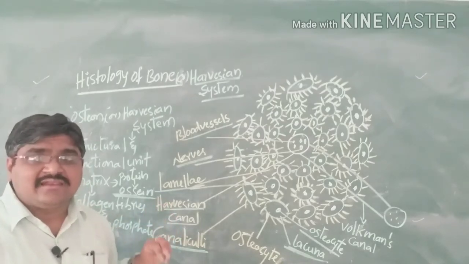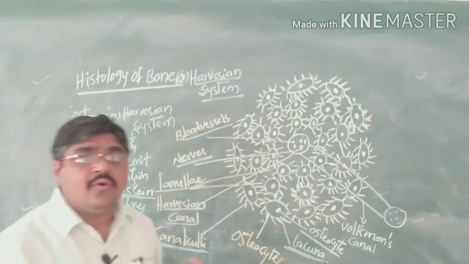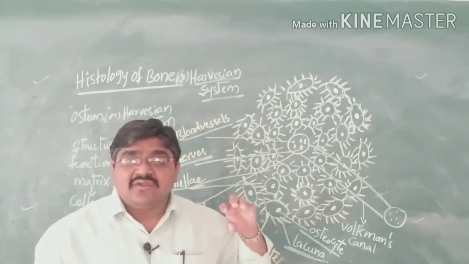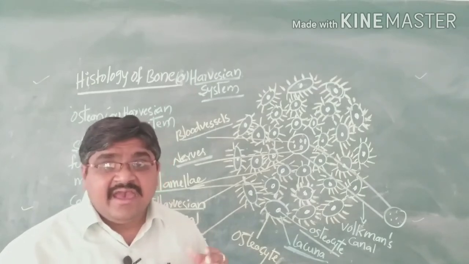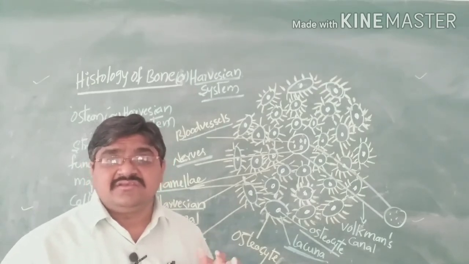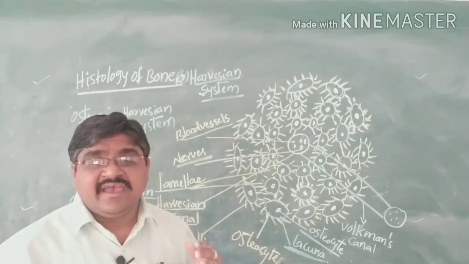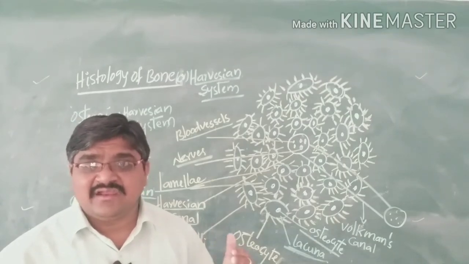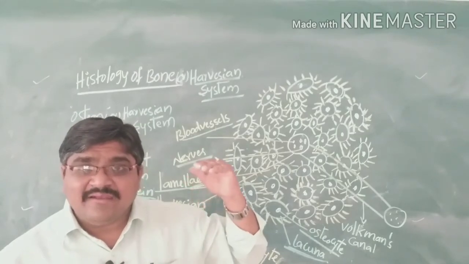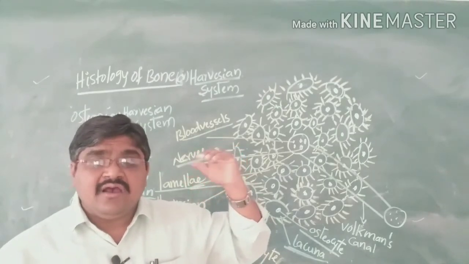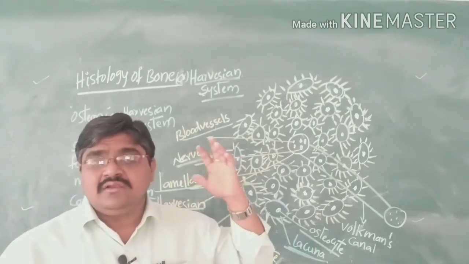Due to the direct blood supply, bone is a vascularized tissue. But cartilage is avascular, which means direct blood supply does not take place.